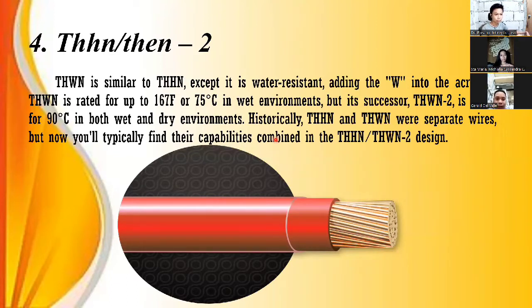So THWN is rated for up to 167 or 75 degrees Celsius in wet environment, but its successor THWN-2 is rated for 90 degrees Celsius in both wet and dry environments.